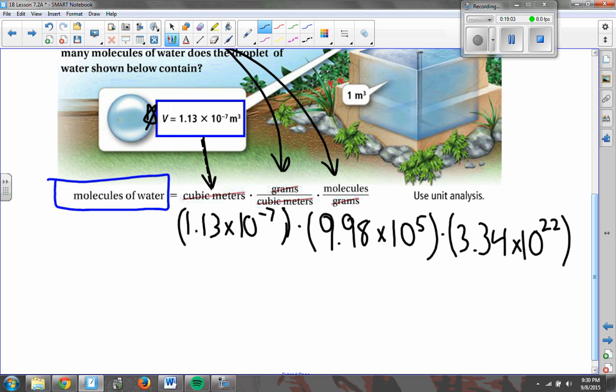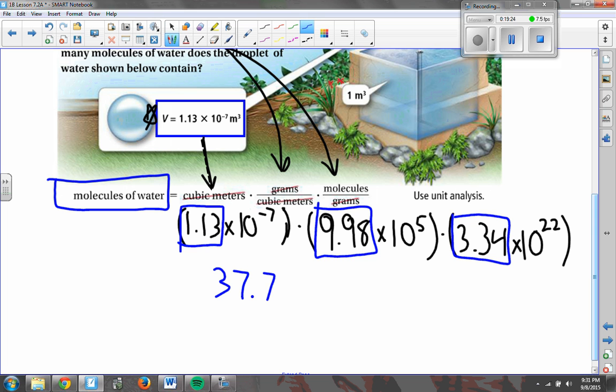I want to simplify this down as far as I can. In order to do that, all I have to do is take my 3 numbers and multiply them together. There's my 3 numbers. I can multiply them together, and I will come out with 37.7. And then I'm going to add together my 3 exponents because that's what my rule tells me.